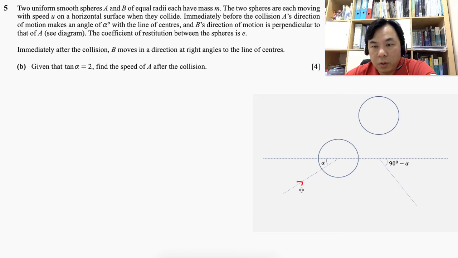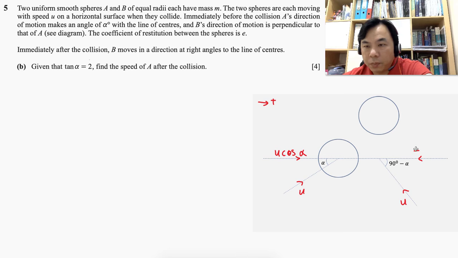So first of all, we have u here. Its original initial velocity is u cosine alpha, with this direction taken as positive. So this is also u, so that is u sine alpha.